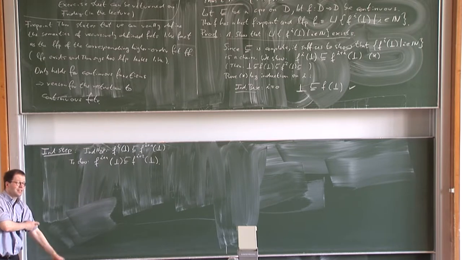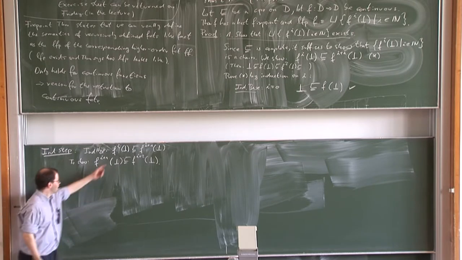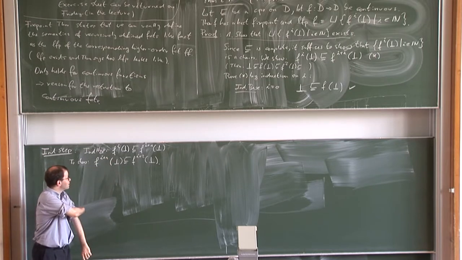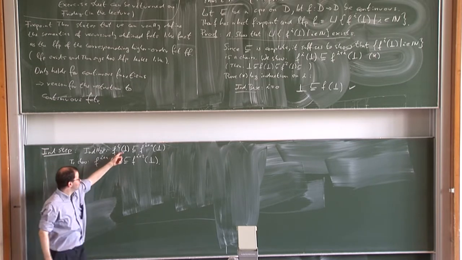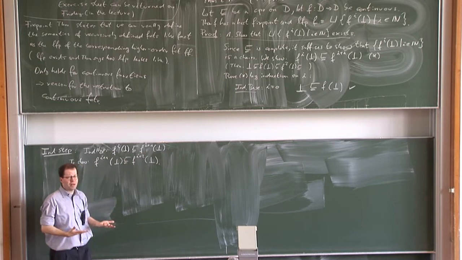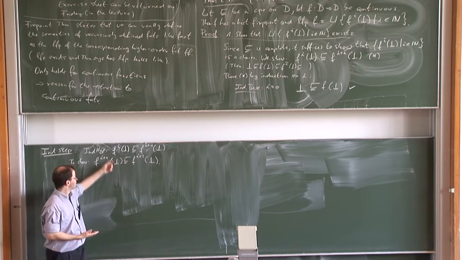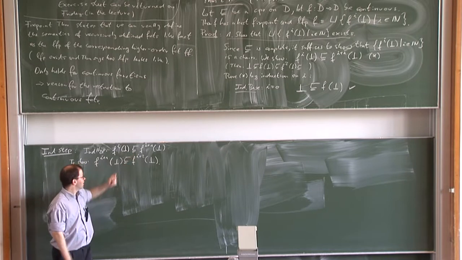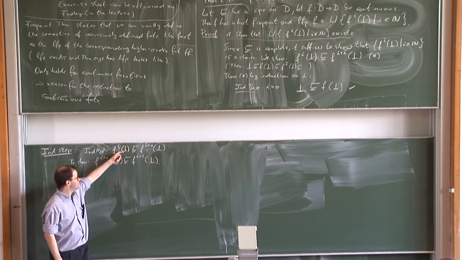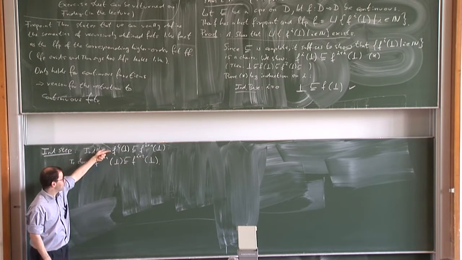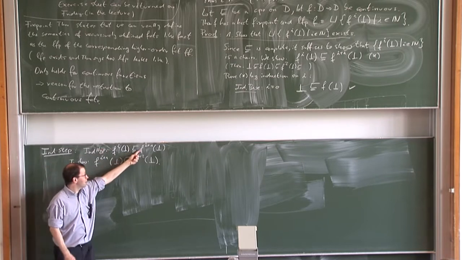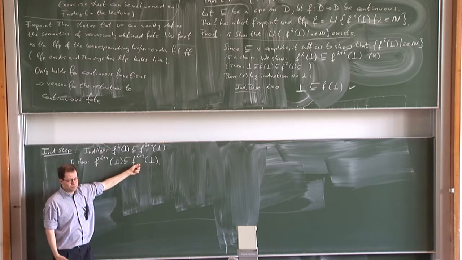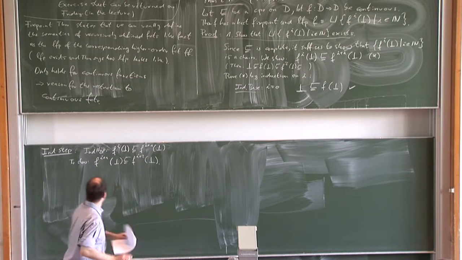And monotonicity implies exactly this, right? So if it's monotonic, then this means if we have two arguments, this one is smaller than that one, and we apply f to both these elements, then again, the result here is less defined or equal than that. Yeah, and if we apply f here, we get f^(i+1), and if we apply f here, then we get f^(i+2). So this immediately follows by monotonicity.